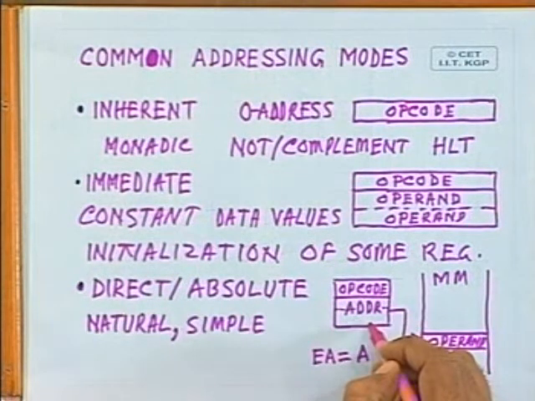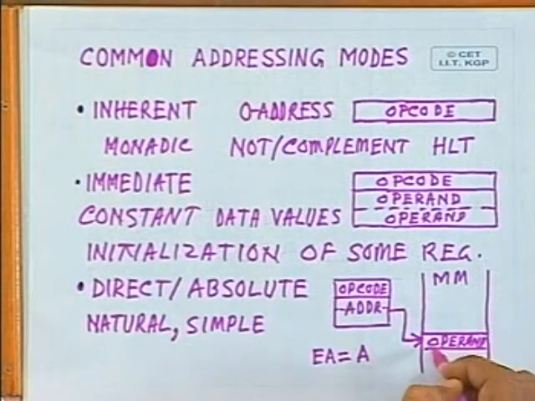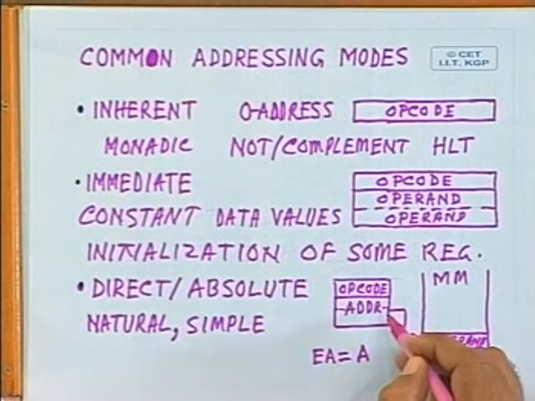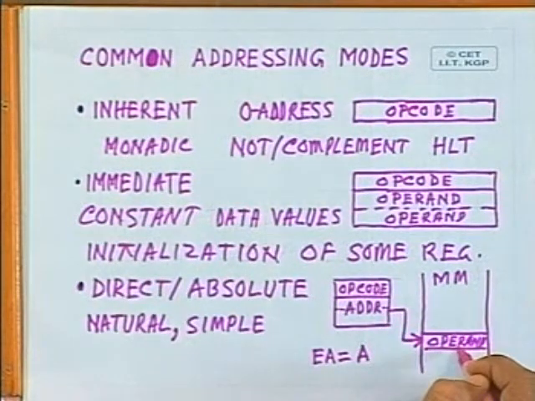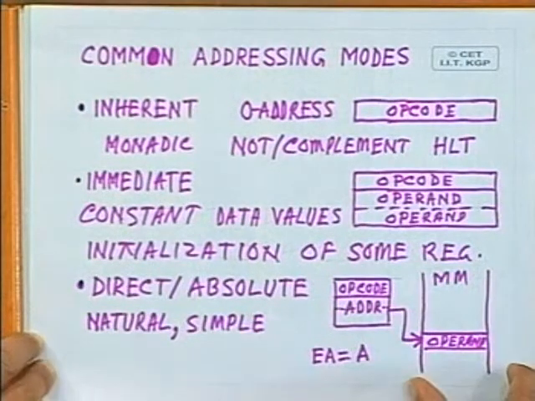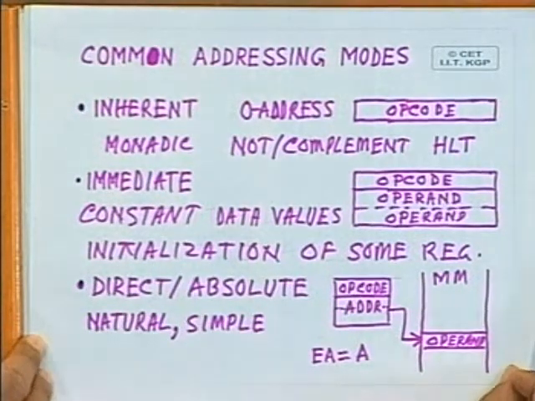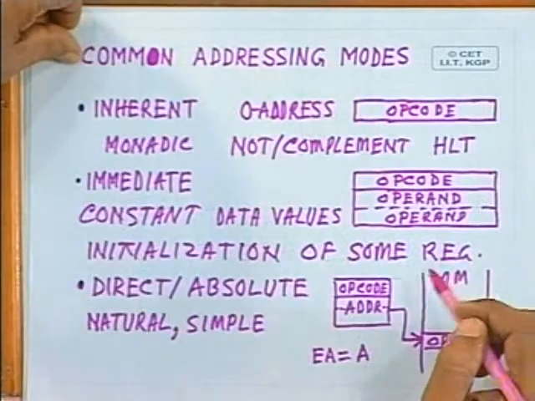Then that address will be used to fetch this particular operand from the memory. So, you will require 3 machine cycles or 9 clock cycles to get the operand before you can perform the computation. Later on we shall discuss the instructions involving the direct or absolute addressing.